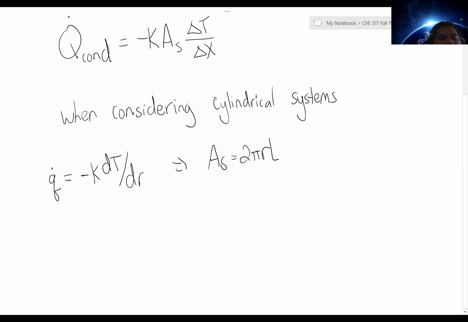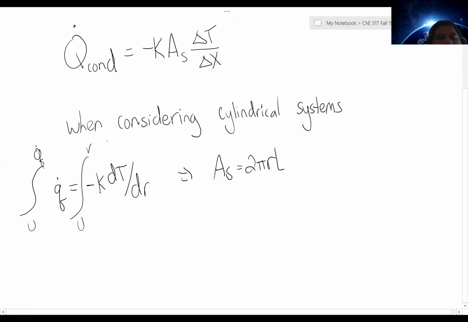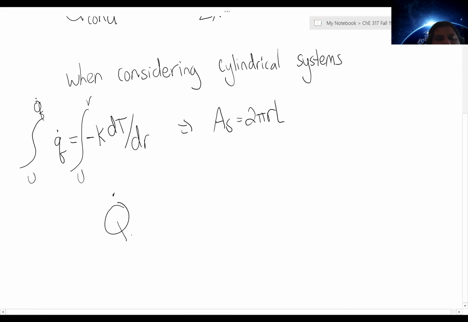such that if we integrate this system, from 0 to Q, 0 to R, what we find is the generalized expression for a cylindrical system can be expressed as negative 2 pi L times K times our temperature gradient, delta T or T_O minus T_I, however you want to write it.